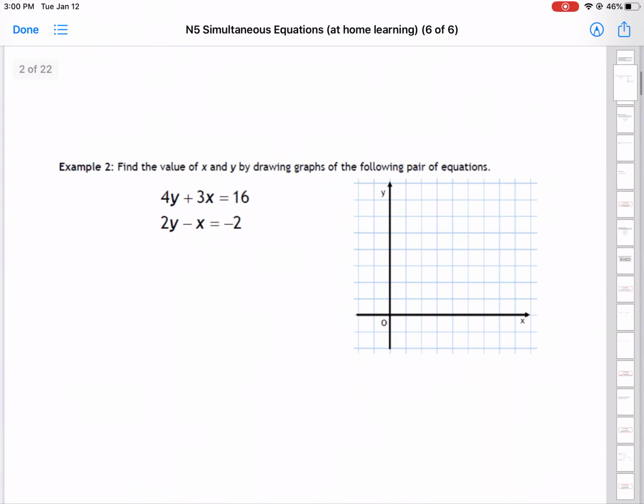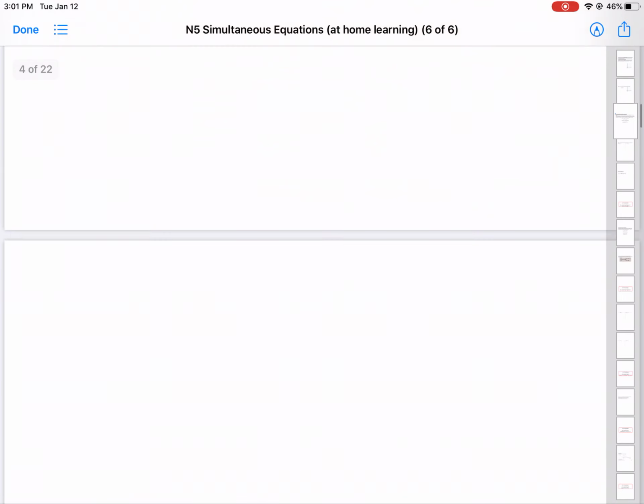So if we look up here, you're not going to have squared paper in an assessment. It's very unlikely that you ever have to draw a straight line graph, especially one on squared paper where you have everything marked on. You may be asked to sketch one at some point, but generally not draw one.